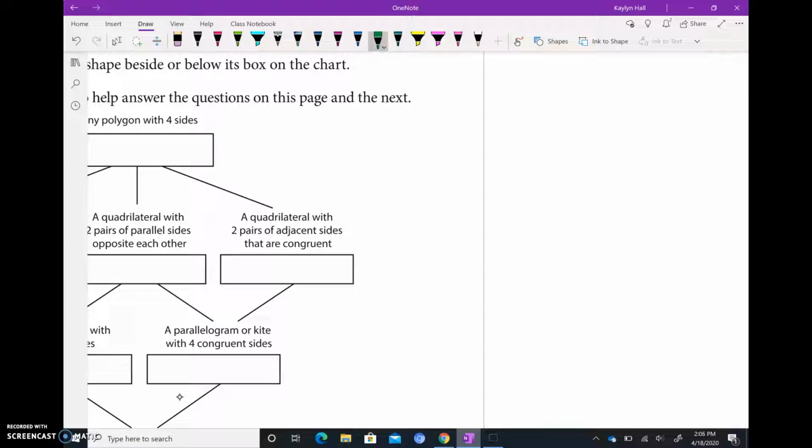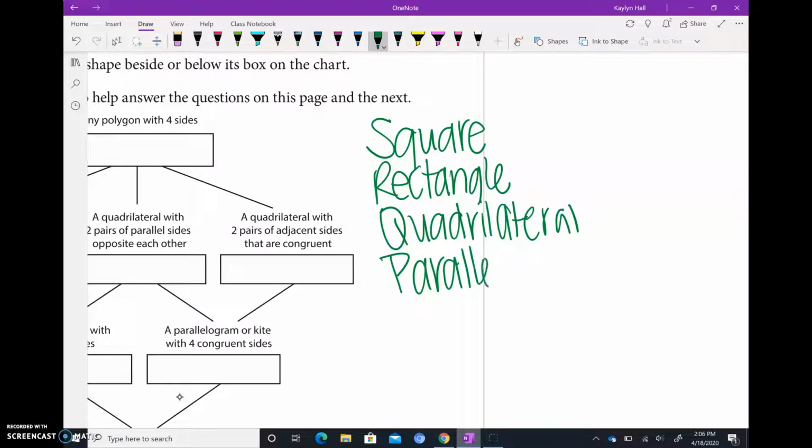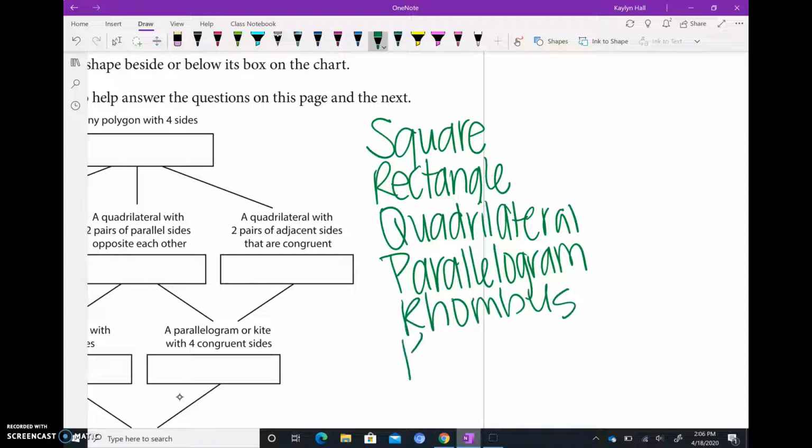So here are the different words that we're going to use at some point in here. So we've got square, rectangle, quadrilateral, parallelogram, rhombus, and there's a new one called kite, which I will explain in a moment.